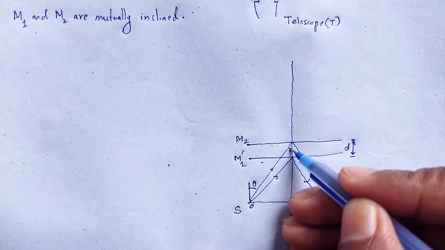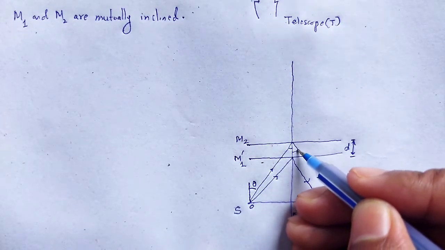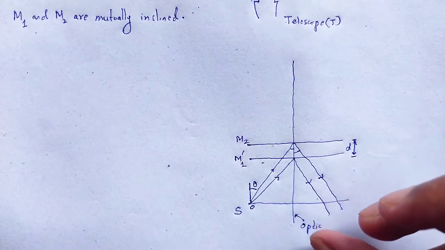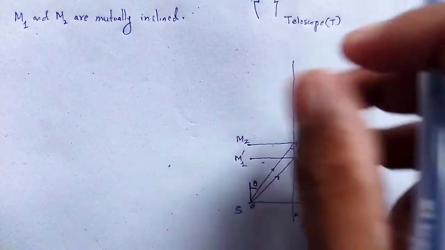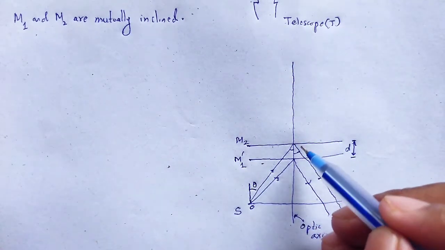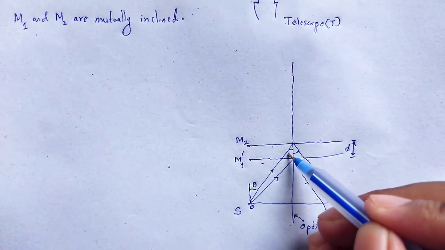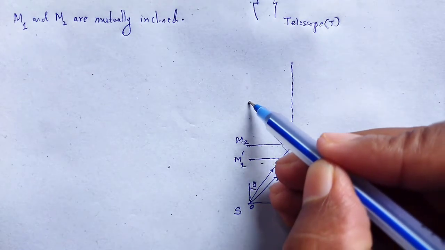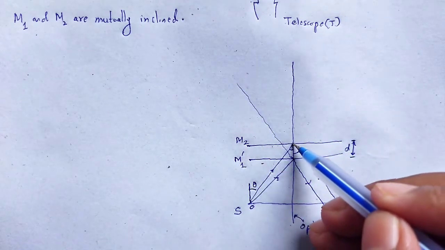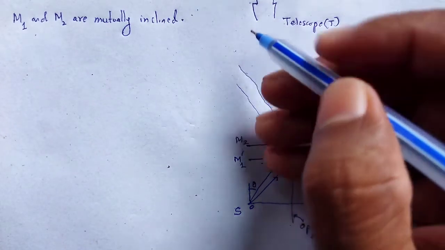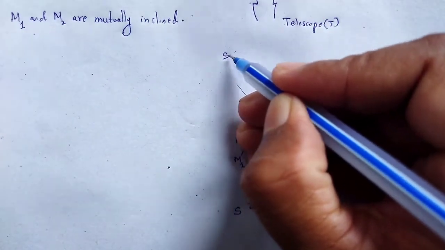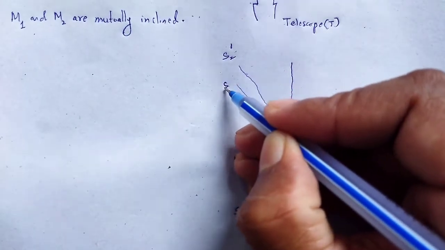So, here angle of incidence is the same as the angle of reflection. So, the light wave seems to come from the source like S2 dash or S1 dash.